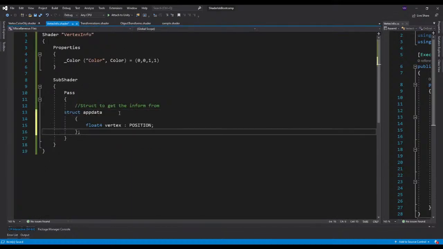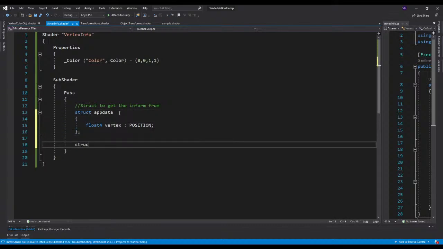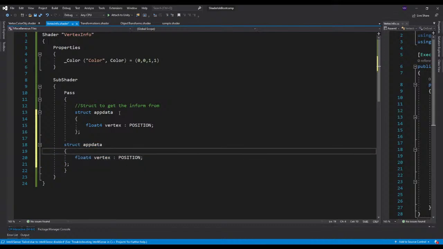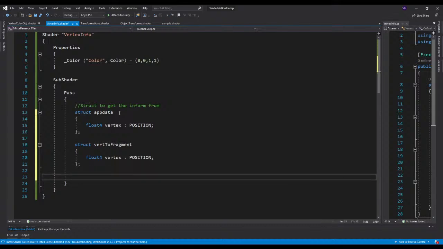I'm just going to paste it right here. Then we need to create our own structure. So I can just paste it here and I can say that it's a structure that we are going to pass on to the vertex to fragment shader.